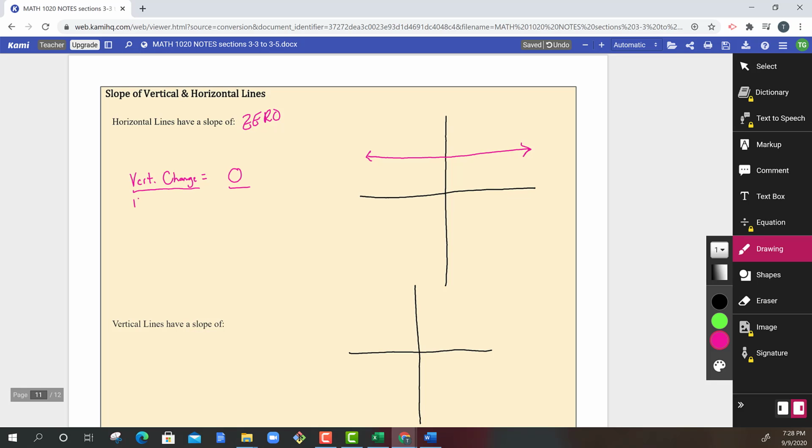The horizontal change, well, it depends on which 2 points you picked, but it really doesn't matter what the horizontal change is because 0 divided by anything is 0. So horizontal lines have a slope of 0. The example I always give is to think of it as if you were walking this hill. It'd be really, really easy because there's a nice 0 steady slope there.